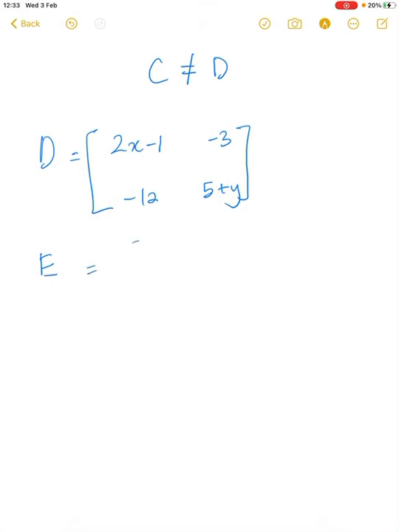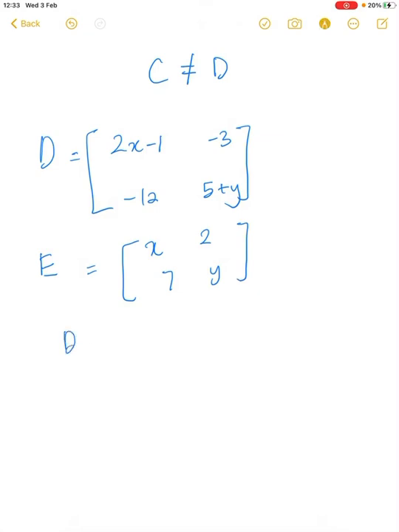What was it just now? Matrix D and E. The D is 2x, minus 1, negative 12, negative 3, 5 plus y. This is the D. And the E is x, 2, 7y.